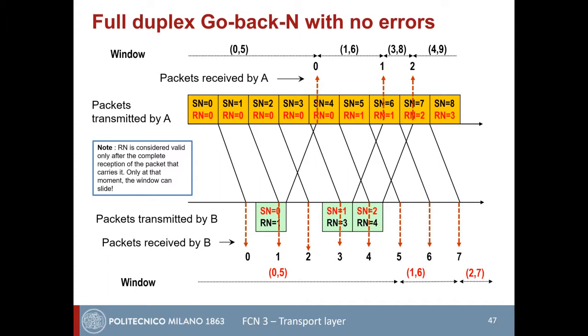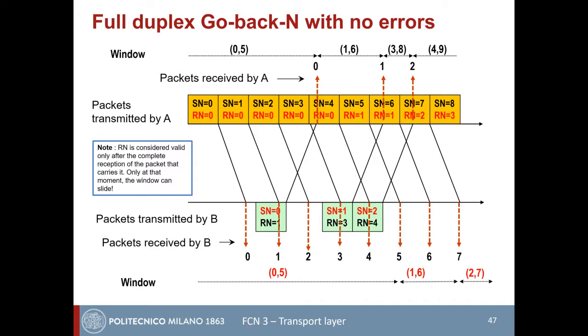What happens on the B side? So, the first packet is received from A, Sn equal to 0. Then Rn is always 0, so the window is locked.